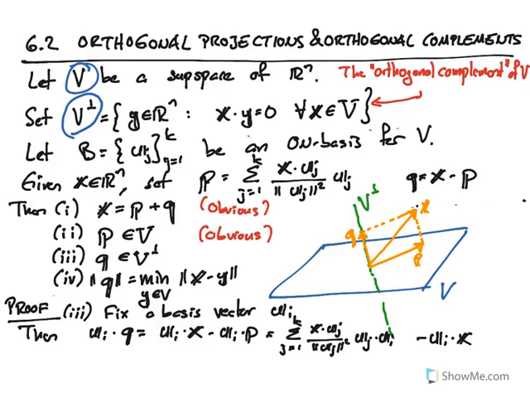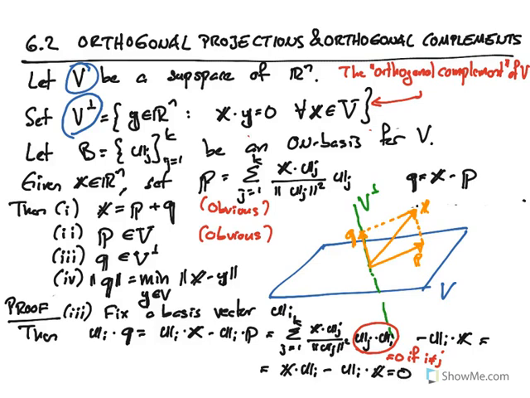and now the magic happens because this guy is 0 if i is not equal to j, and otherwise it equals ui squared. So this whole thing works out to x dot ui minus ui dot x.